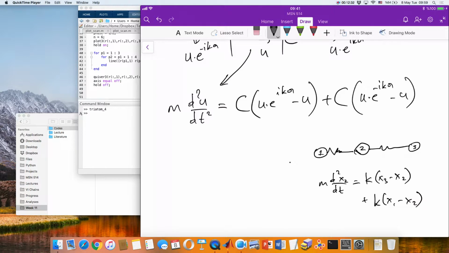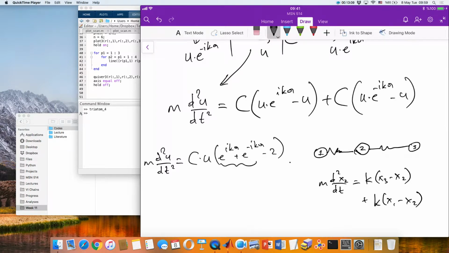So, how do we solve this equation? Let me make it prettier for you. M d squared u over dt squared equals c times u, e to the ika plus e to the minus ika minus 2. Can you make it even simpler?